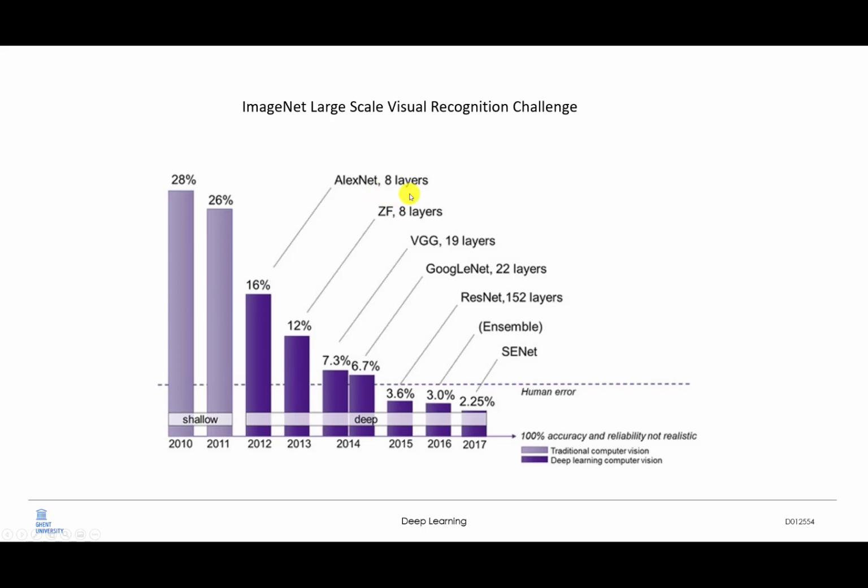Not too deep, 8 layers, but deep enough to show a very significant boost in performance compared to this. So this is where the community actually woke up and said, okay, we have something here, let's jump on this and see how far we can push this. And so you can see that every year this is pushed much further, right? So we estimate human error to be somewhere around 5%.